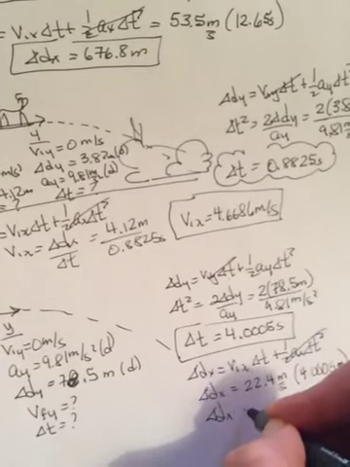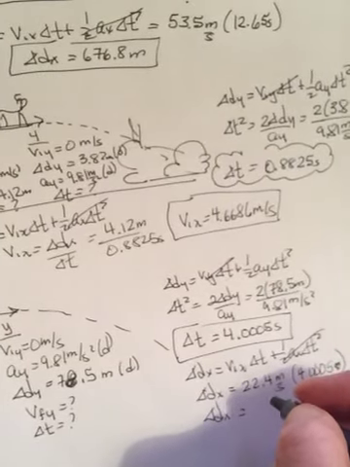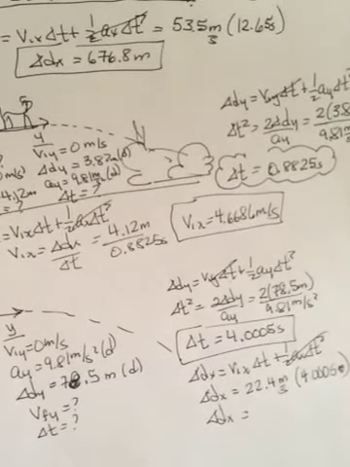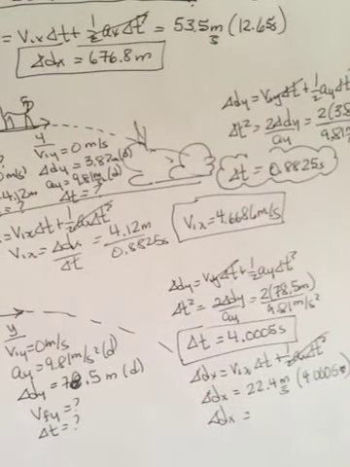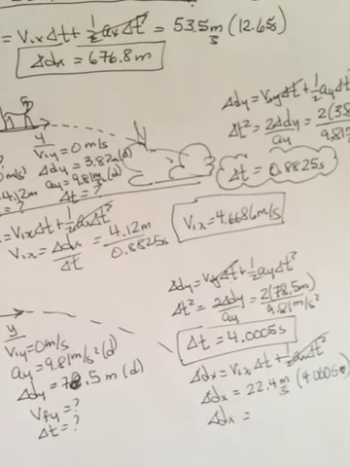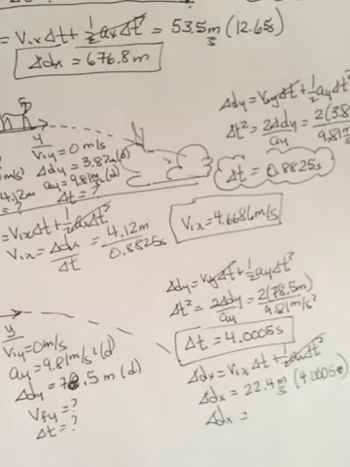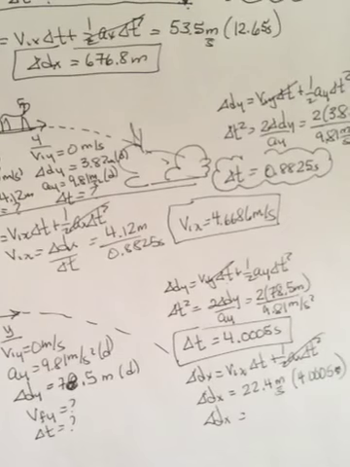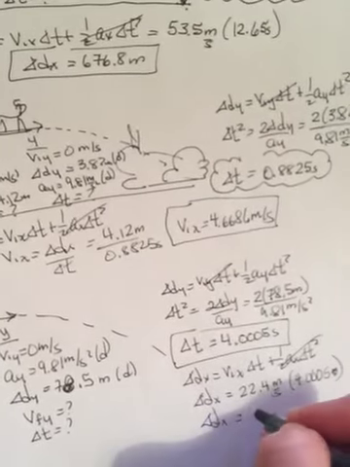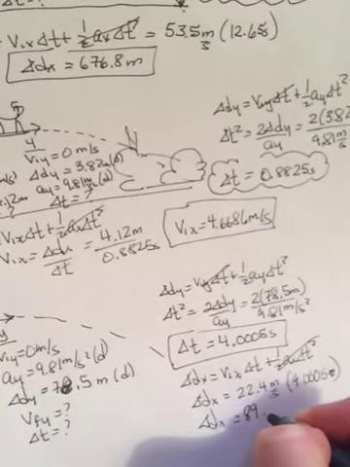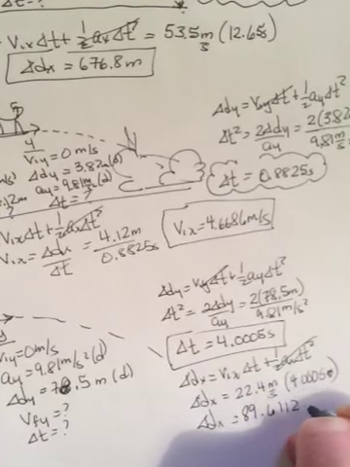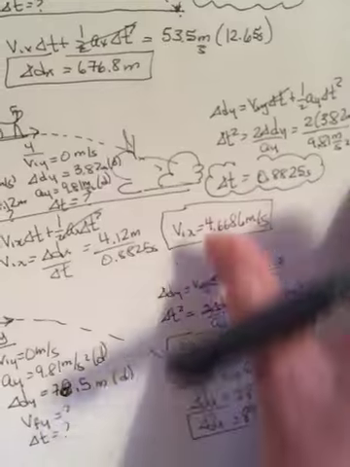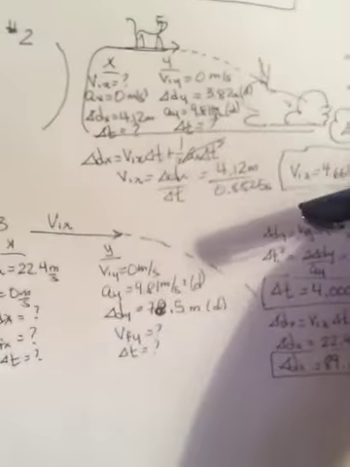Delta dx ends up equaling, oh, I think I screwed up, because I did it on my calculator, and I definitely don't get 105 when I do it in my head, I don't think. So 22.4 times 4.0005. 89, that looks better. 89.6112 meters. I think I multiplied it by 5 instead of 4 when I did it in the calculator.